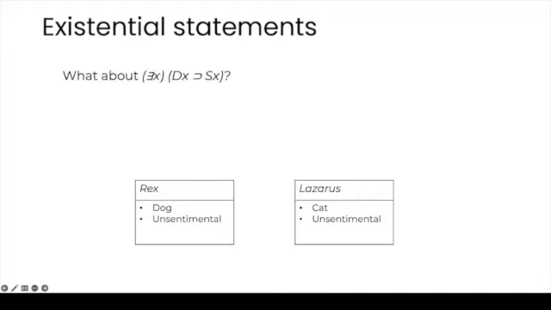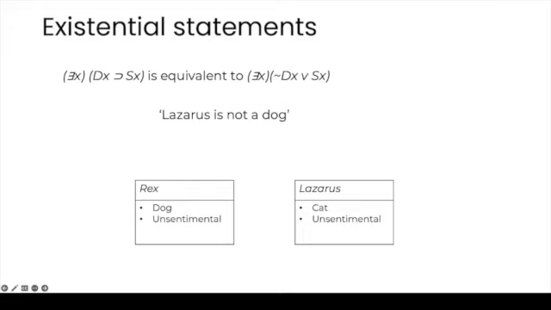But what about the horseshoe? Remember that this sentence, "there is an x such that if Dx, then Sx," is equivalent to "there is an x, not Dx or Sx." But then if you look at Lazarus, we know that it's not a dog because it's a cat. Therefore, not Dl is true.